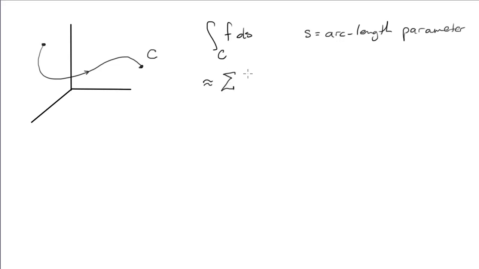We'll just be looking at Riemann sums. So I'm taking a partition and adding up the chunks of the partition. Of course, this isn't really defined yet because the pieces I'm adding, my little partition pieces, are curve chunks.